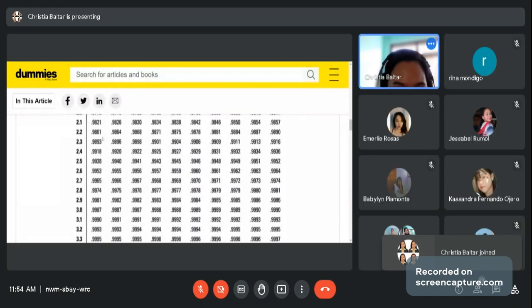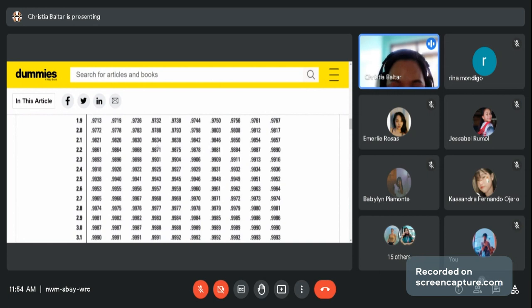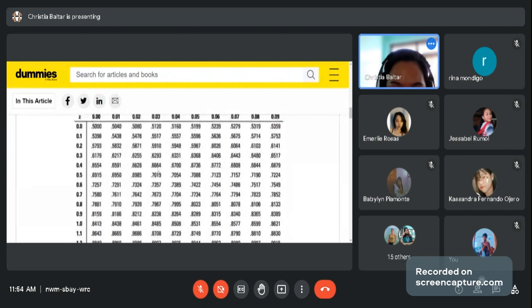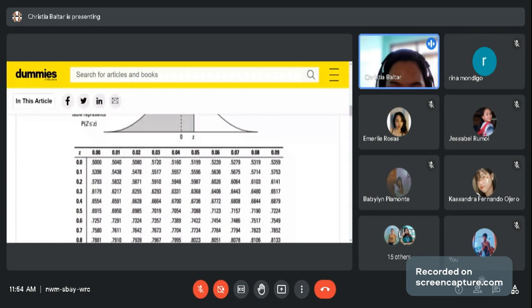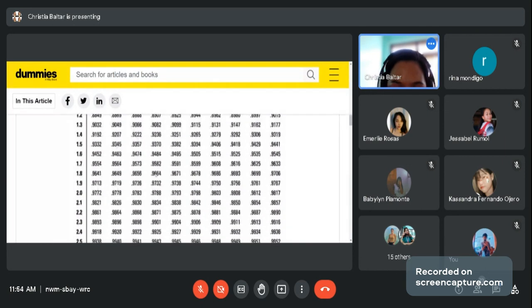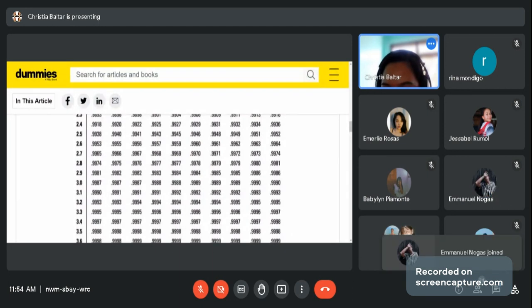This is 0.9893. Okay. So 0.99 is closer to 0.9901. This is 2.3 plus 0.03. So that's 2.33. Therefore, the Z is 2.33.